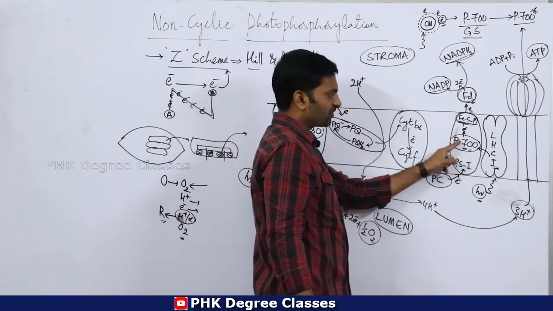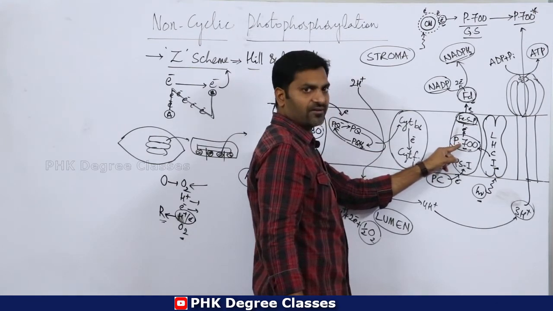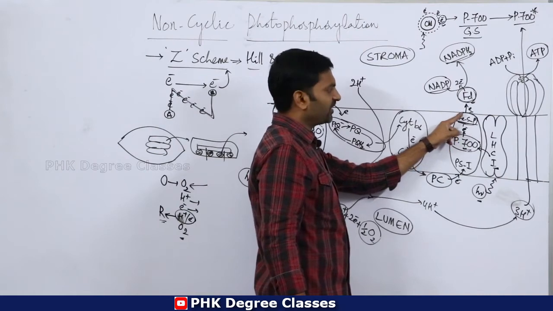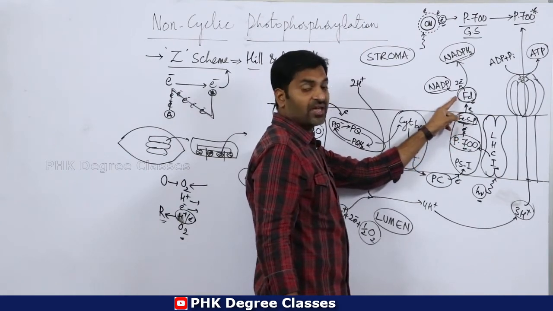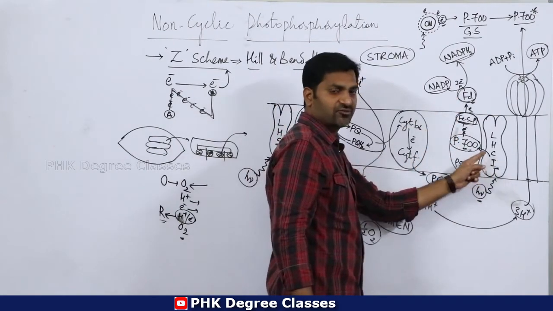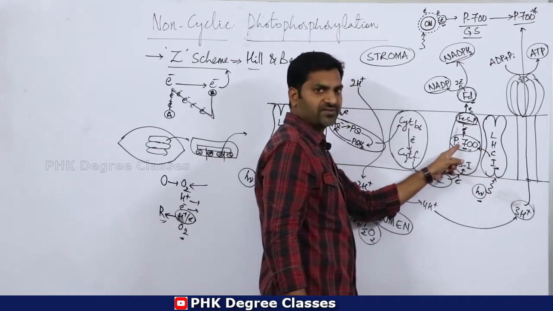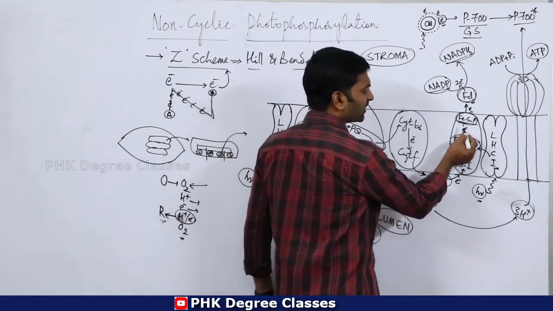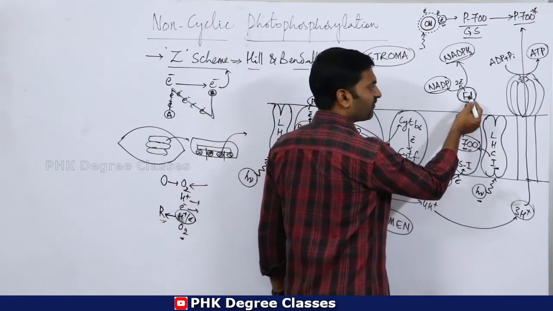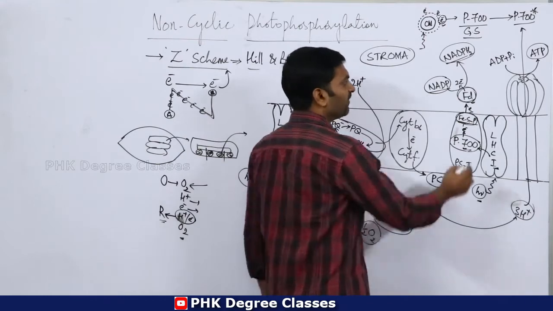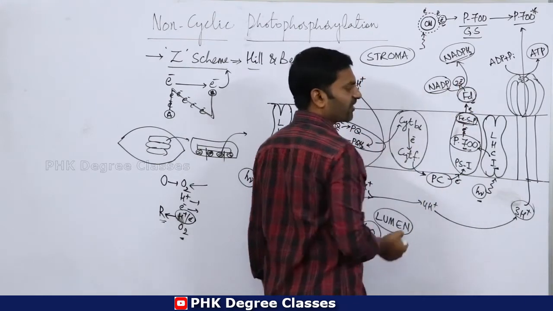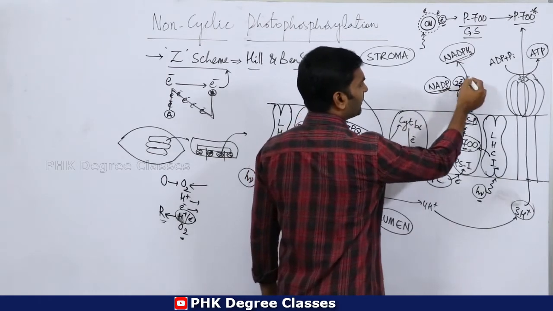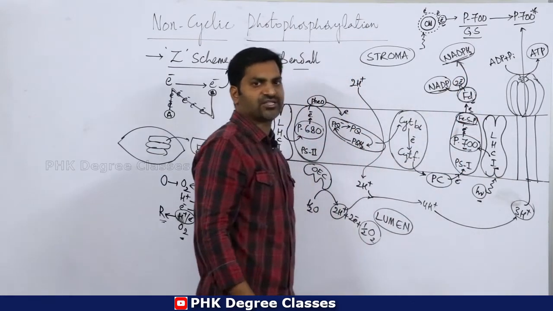So the first electron is lost from P700, reaches the iron sulfur protein, then ferredoxin. Again sunlight is received by LHC, goes to P700, one more electron is lost from P700, and this electron reaches the iron sulfur protein, then finally ferredoxin. Means for every two electrons added to NADP, NADP is converted into NADPH2.